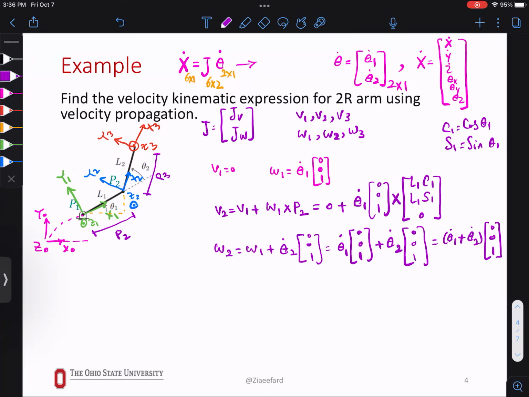Now, what is the linear velocity there? It's V2, right? The previous plus omega 2 cross product of P, let's say 3. So 0, 0, theta dot 1.